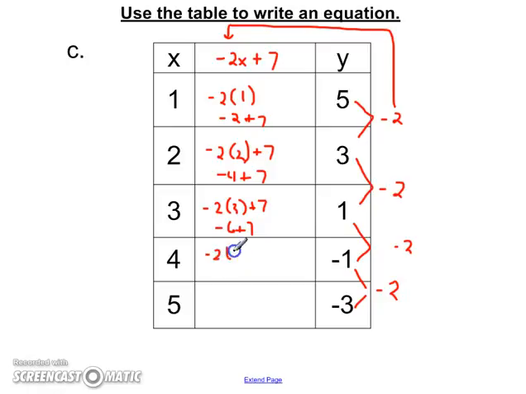Negative 2 times 4 is negative 8. Plus 7. Negative 8 plus 7 is negative 1. And negative 2 times 5 plus 7, well, this is negative 10. Negative 10 plus 7 is negative 3. So our equation, y equals negative 2x plus 7.